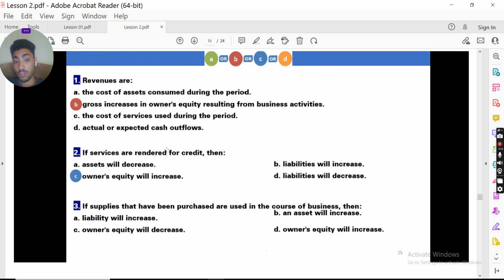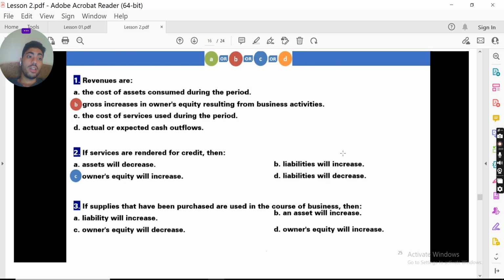Number 2, if services are rendered for credit, then assets will decrease? No. Liabilities will increase? No. Owner's equity will increase? Yes. Liabilities will decrease? No. Okay, so I will stick with C. Why? As we mentioned, if we provide the services, whether it's paid in cash or on credit, we will have to write it in the financial statement and check the revenues.